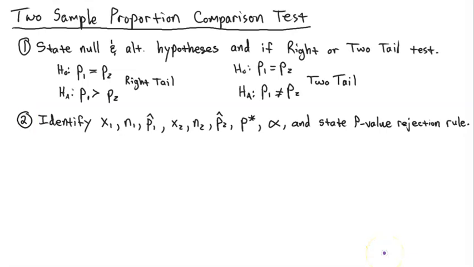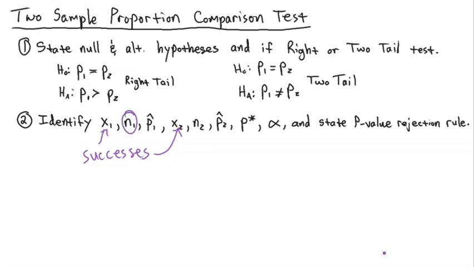In step 2, again, we're going to identify a bunch of statistics. Here's what we have. We have to identify x1, that's the number of successes in population 1. x2 is the number of successes in population 2.